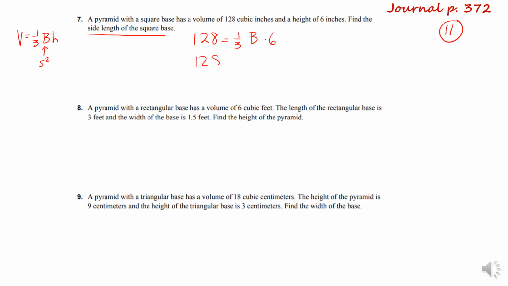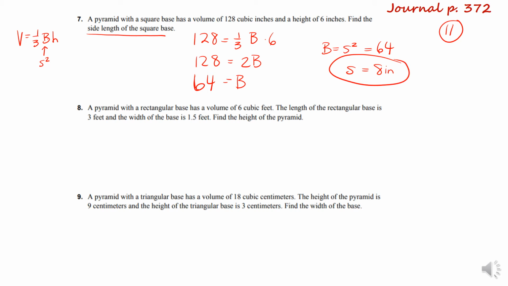So that's 128 equals 2B, because 1/3 of 6 is 2, and then divide both sides by 2, my base equals 64. So since base equals side squared equals 64, that means my side is 8 inches. And there you go.